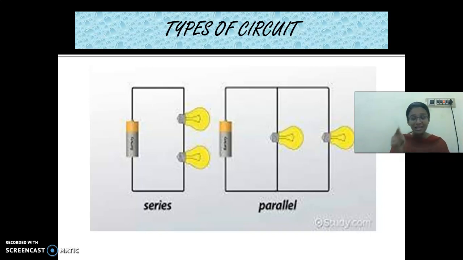Do you know parallel, children? If one thing is placed parallel to the other. I have a pen here, and nearer to it I have placed my finger. So both are parallel to each other. If it is like this, what is this called?